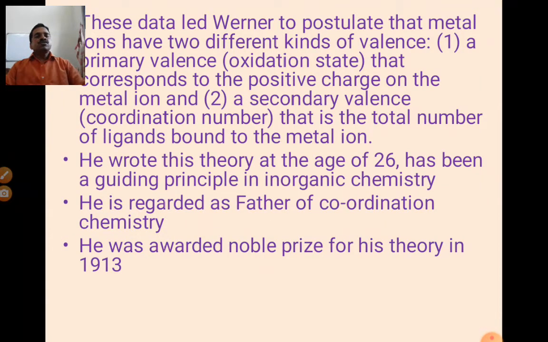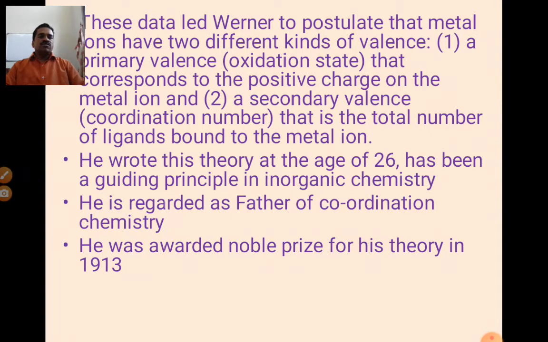Based on these data, Werner made some conclusions. The basic conclusion is that the metal ions must have two types of valencies. He named the first the primary valency.